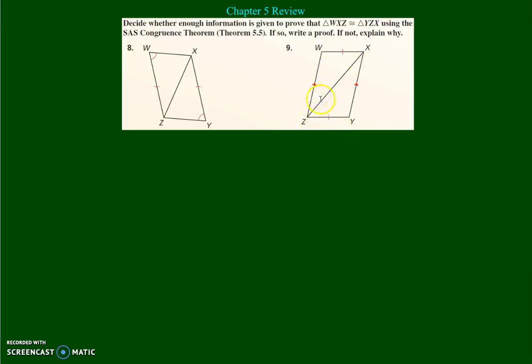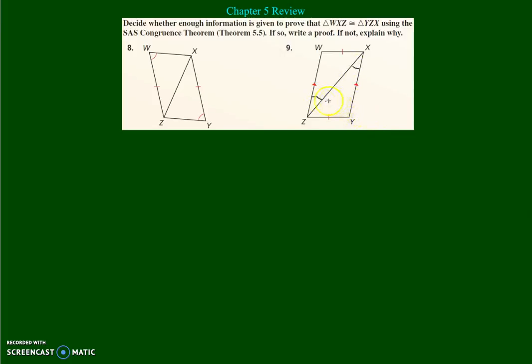We have this angle and this angle are congruent. So let's go ahead and put in some marks here. Because these two sides are parallel, this is a transversal. If two parallel sides are cut by a transversal, then the alternate interior angles are congruent.